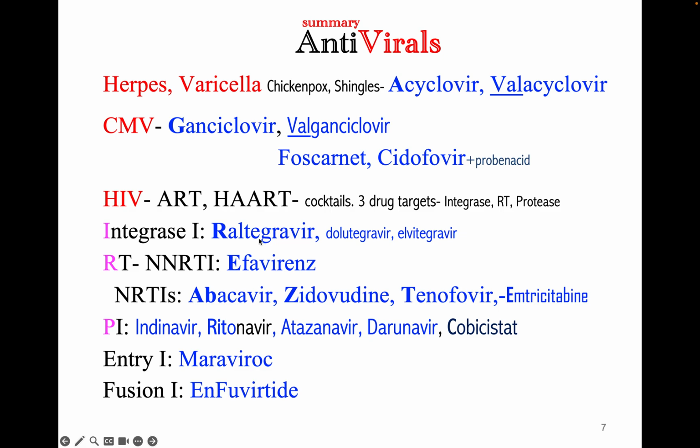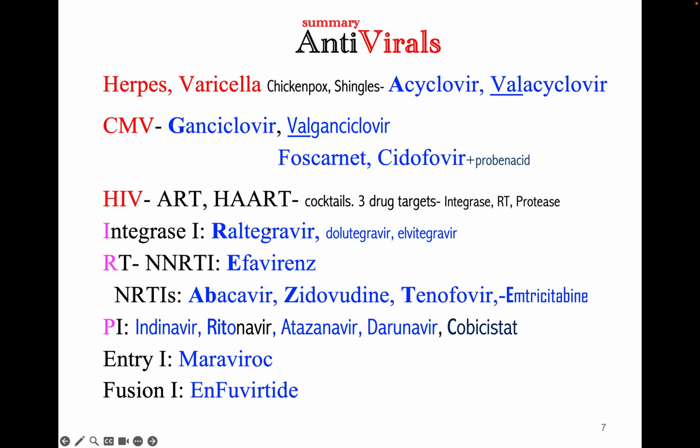The next one is about the indication. Of course, this is one of the first line drugs for HART therapy in the combination therapy. So one of these drugs will be useful. But I want you to remember one more point. This drug is also used for PEP, post-exposure prophylaxis.